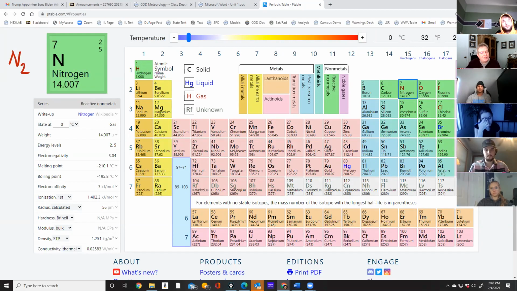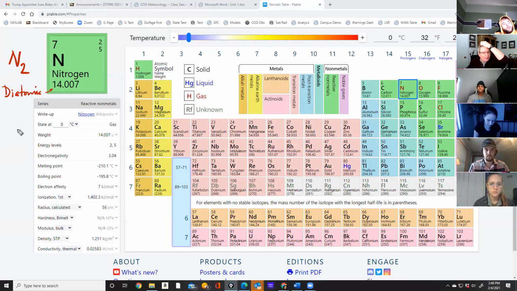But we have it as a diatomic. That's what this 2 means. That means nitrogen floating around in the atmosphere has 2 atoms connected. And it weighs how much? 14 times 2. So it weighs 28.